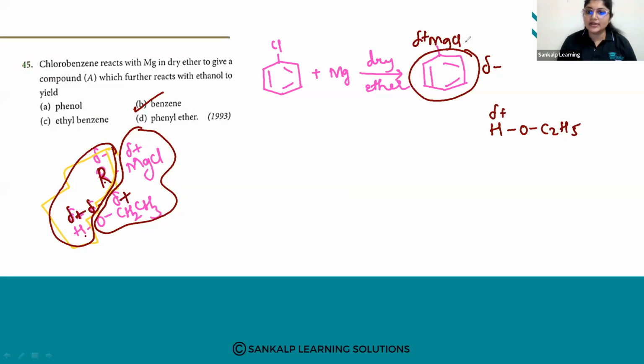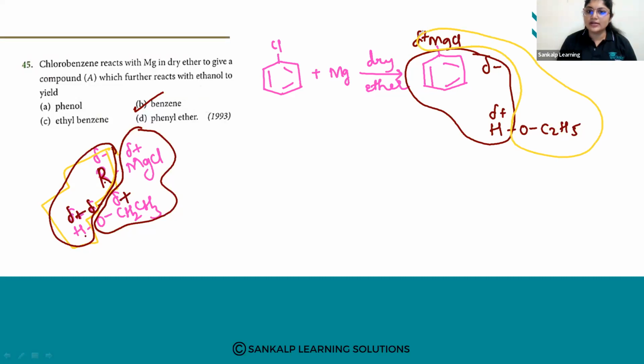So this will get combined here, and the other part will get combined with this. So write the answer: this will be benzene and this will be MgClOC2H5. Understood? So option B is the answer.